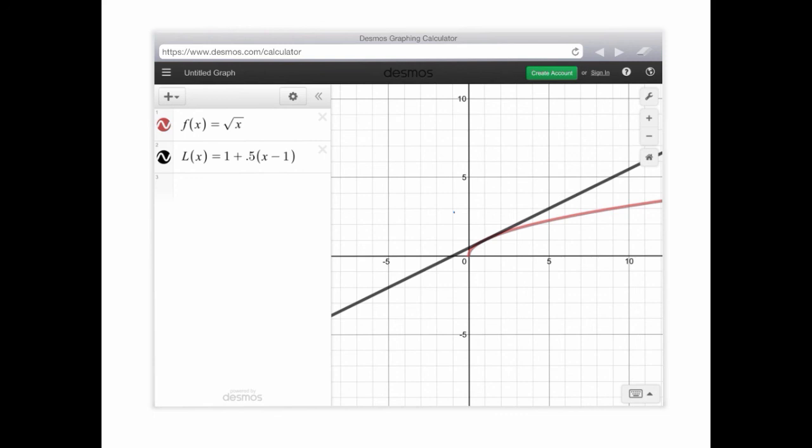They will always be the same at the point (1, 1). But for values close to 1, if I put in 1.1, for instance, into the line, and I put in 1.1 into the actual function, you should compare the values.